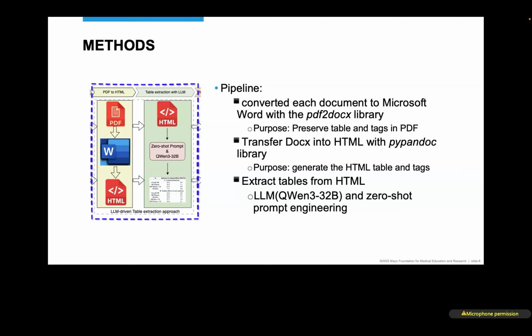The second step is to transform the Microsoft Word file into HTML with the pypandoc library. The purpose of this step is to generate the HTML tables and tags. And the third step is to extract the table from HTML. We design some prompts and use zero-shot learning, feeding them to the Qwen large model.